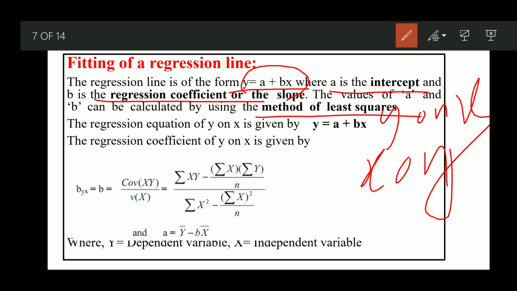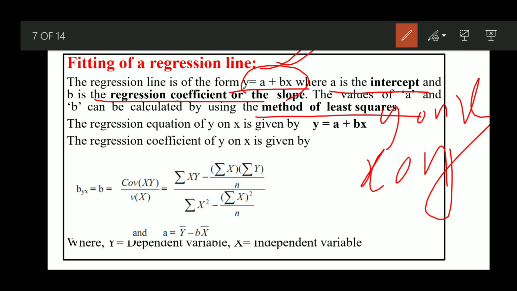So when you are considering simple linear regression with two variables, we'll have two different regression lines, one for x on y and another for y on x. This is the regression line of y on x, where a is the intercept and b is the regression coefficient.